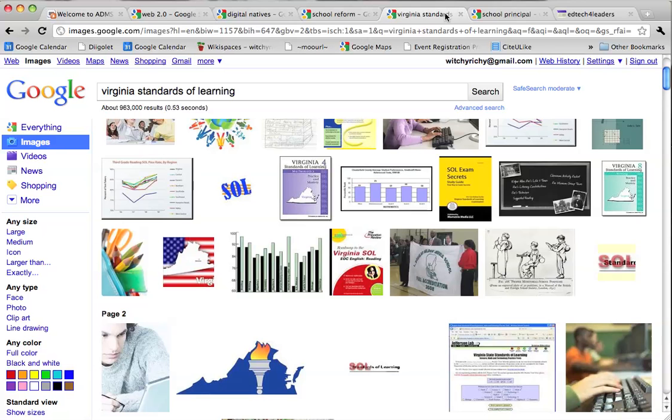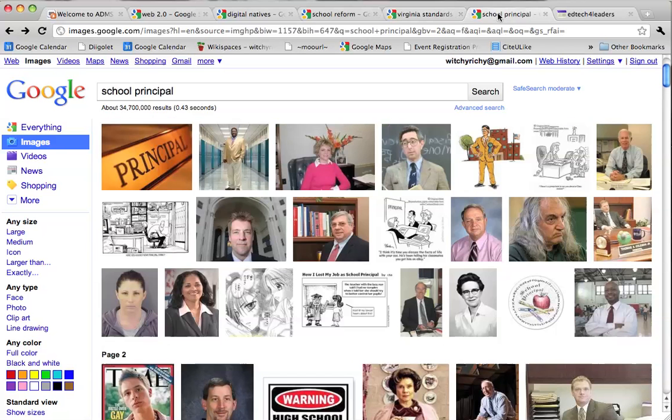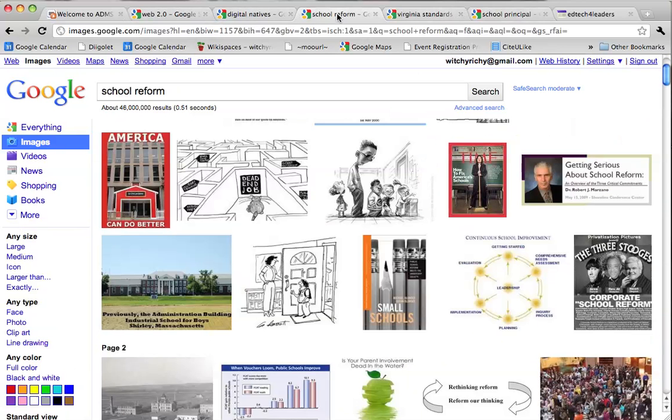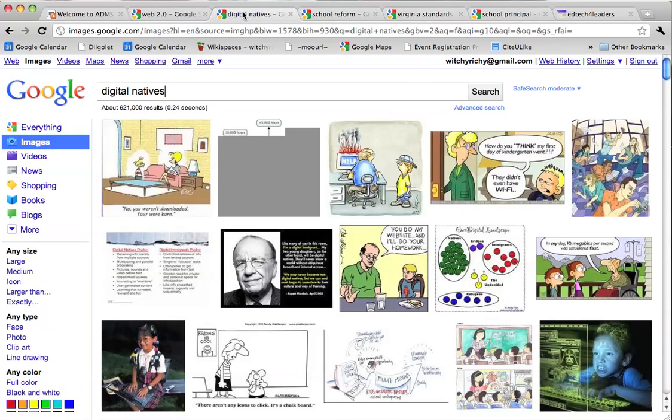And finally, the other thing that we'll really keep in mind is that y'all are going to become school principals. You're going to be working not in cyberspace. You're not going to be working here in Web 2.0. You're not going to be out there necessarily doing the political things related to school reform. But every day, you and these kids, whether you want to call them digital natives or not, are going to be together in school.